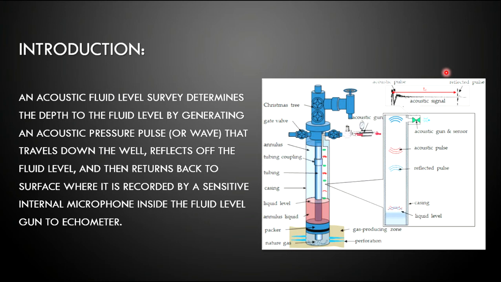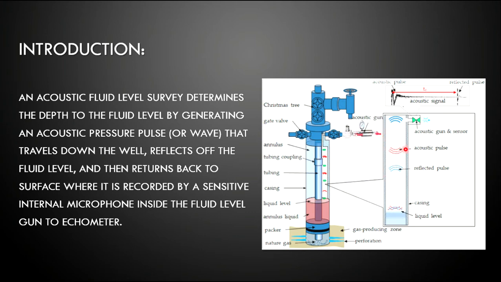After we connect it, we also connect it to the equipment called the Echometer. After that, we shoot the nitrogen gas through the annulus until it reflects on the fluid surface, as you see at the liquid level. There it bounces back, goes back into the instrument, into the gun, and is recorded in the Echometer.